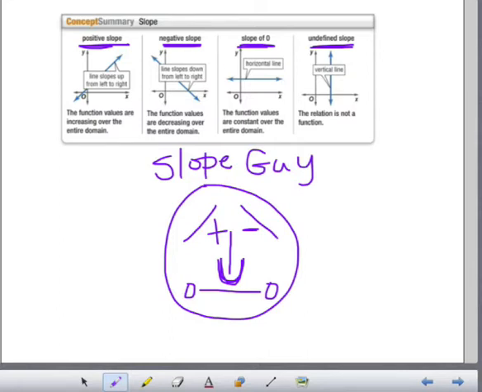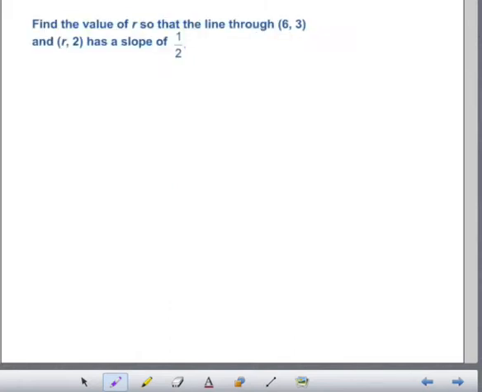Okay? All right, I want us to do one more really quick, and then we will be done for the day. All right, look at this last one. It's a different kind. It says find the value of R so that the line through (6, 3) and (R, 2) has a slope of 1/2. Well, remember slope had the formula of y2 minus y1 over x2 minus x1. All right?